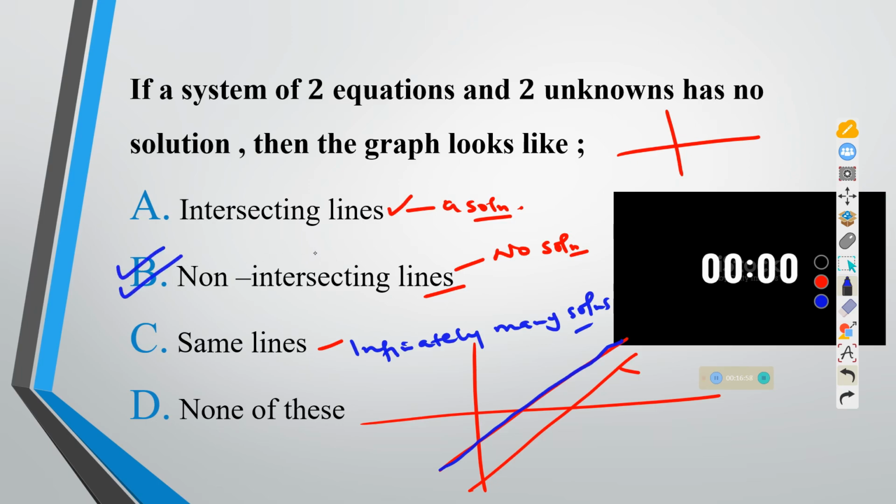For a system of two linear equations in two unknowns, the solutions correspond to what we call the intersection points of their graphs. So if there is no solution, it means the lines are parallel, they have the same slope but different y-intercepts, and thus they never intersect. So that is the answer for that case. We look at the next question.